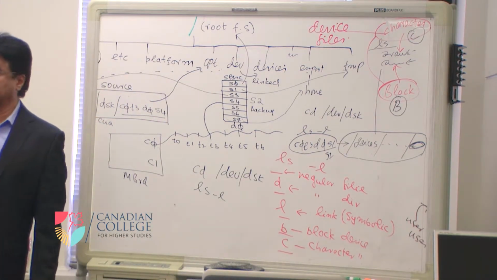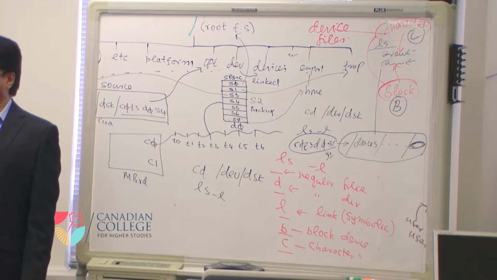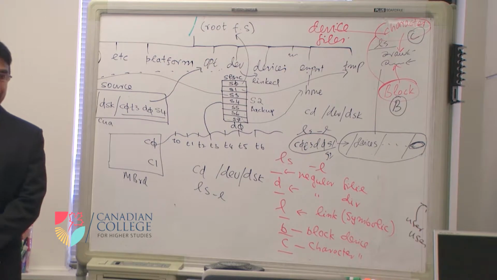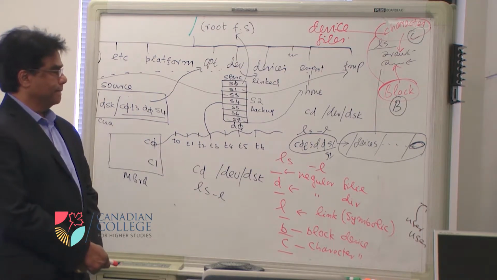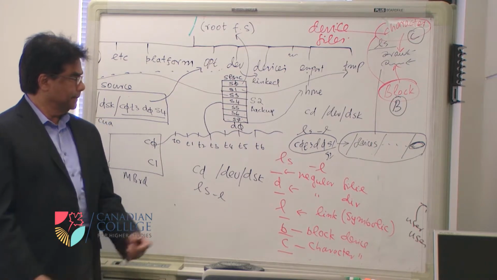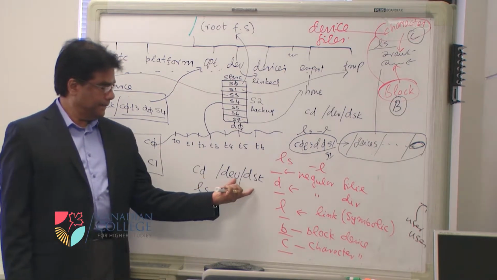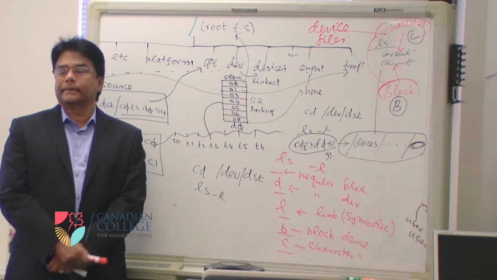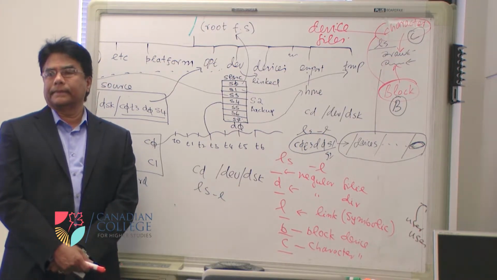So any questions so far? Everything is clear. So you were just mentioning when you go to cd /dev, ls will show all the logical names in the dev directory, right? Correct.